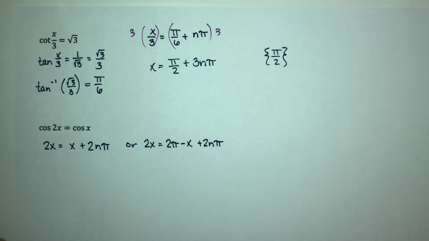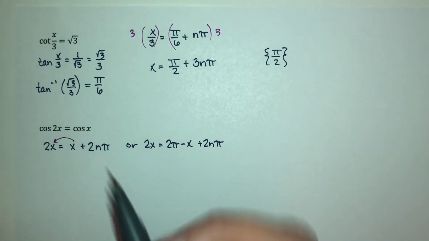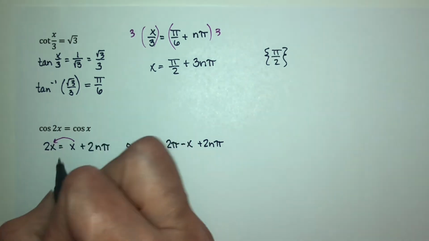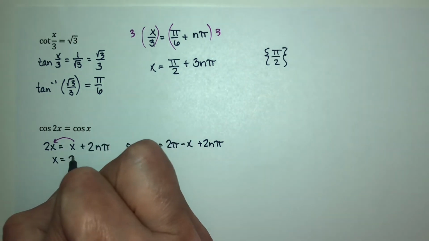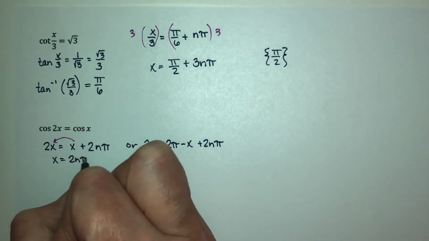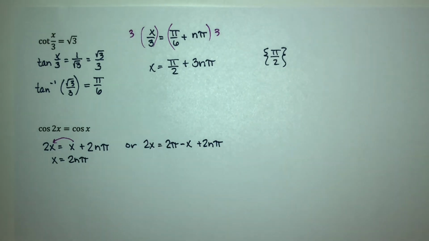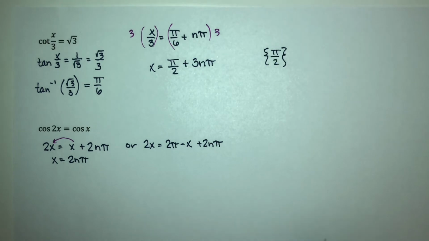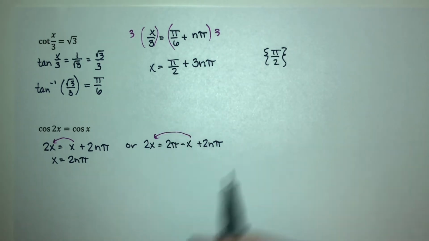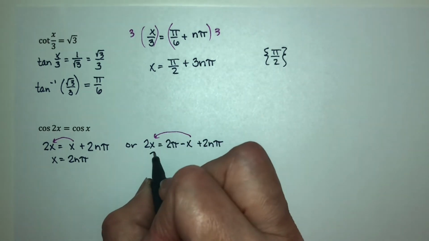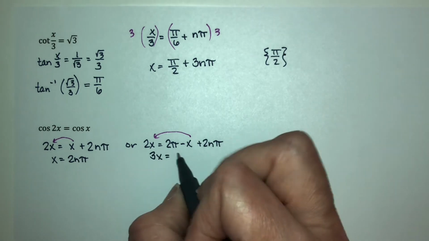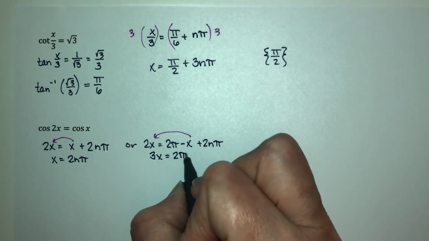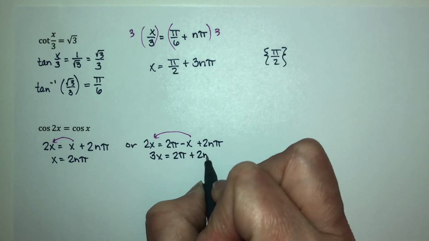So now let's solve this for x. So subtract x from both sides here, and we have x is equal to 2n pi. Now here, if we move the x over to here, then we have 3x equals 2 pi plus 2n pi.